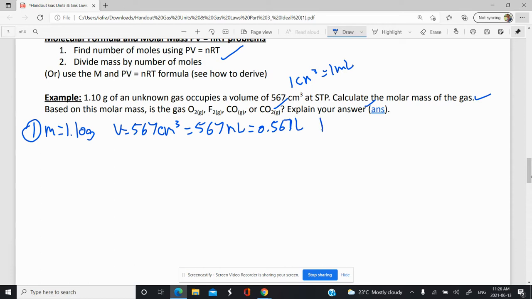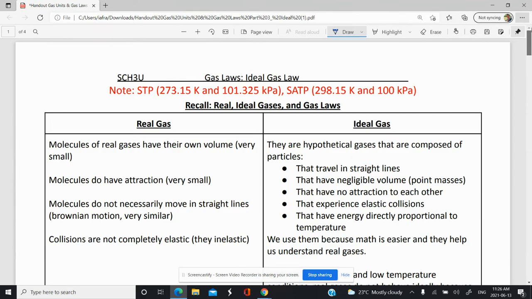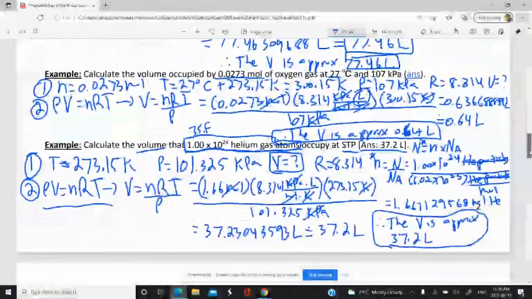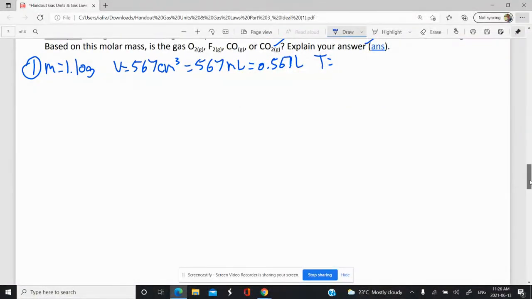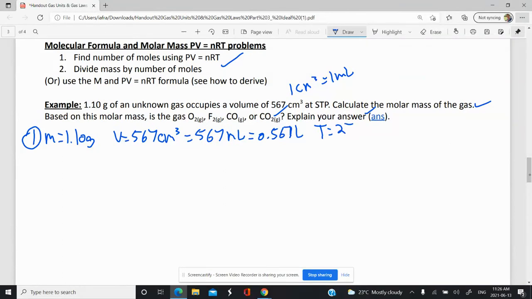We have our temperature given to us as well. Remember, temperature is at STP, so we have 273.15 Kelvin. And we have a pressure at STP of 101.325 kPa, as well as the R value of 8.314 with all its units.